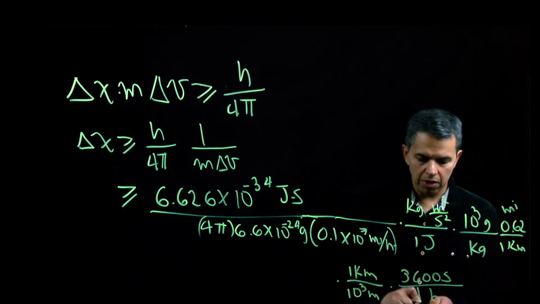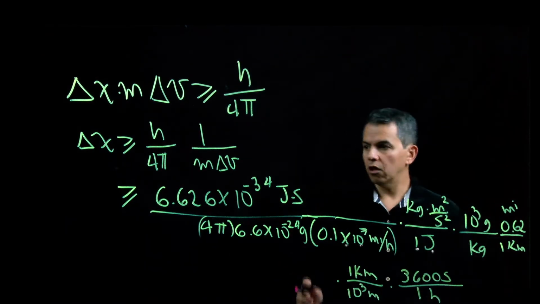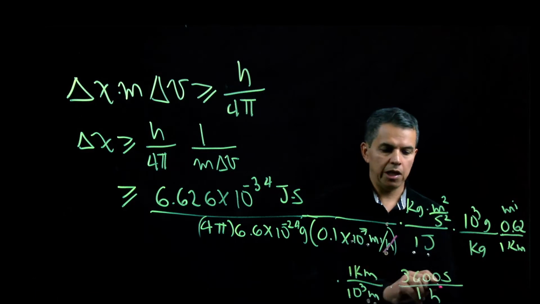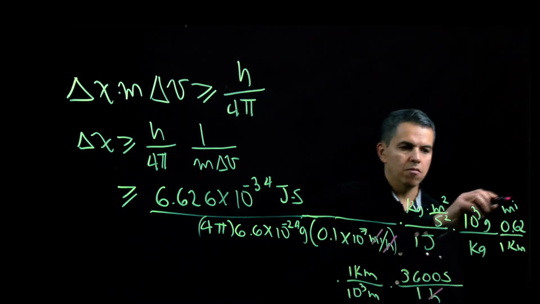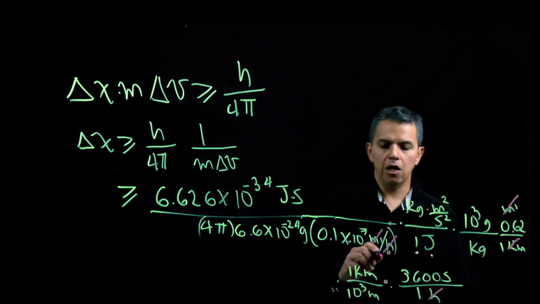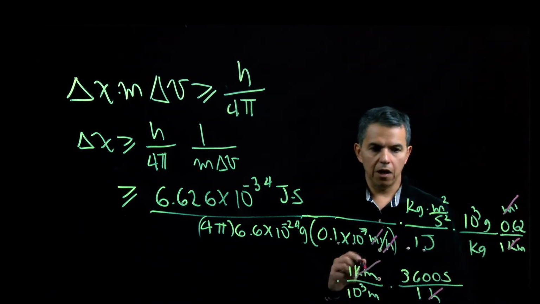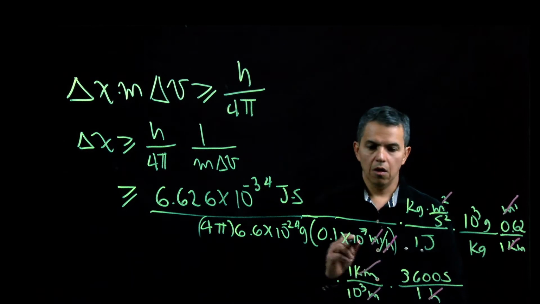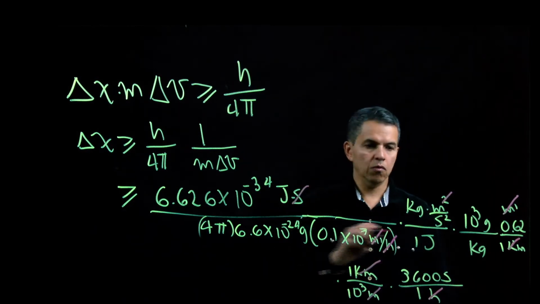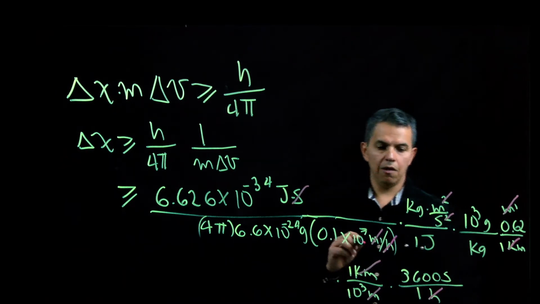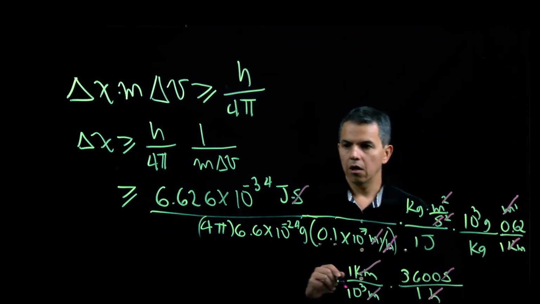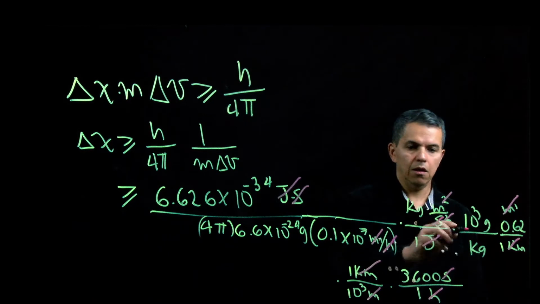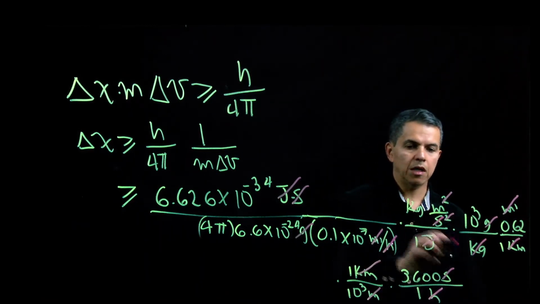So we are going to cross out the dimensions just to make sure we have at the end something that is going to be given in meters. We have hours canceling hours, miles canceling miles, kilometers canceling kilometers, square meters canceling meters, seconds canceling seconds, joules canceling joules, and grams canceling grams, kilograms canceling kilograms.